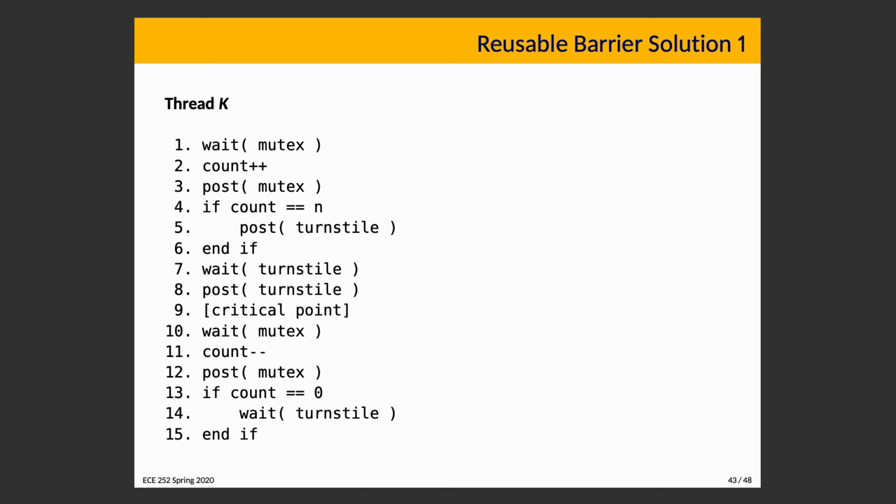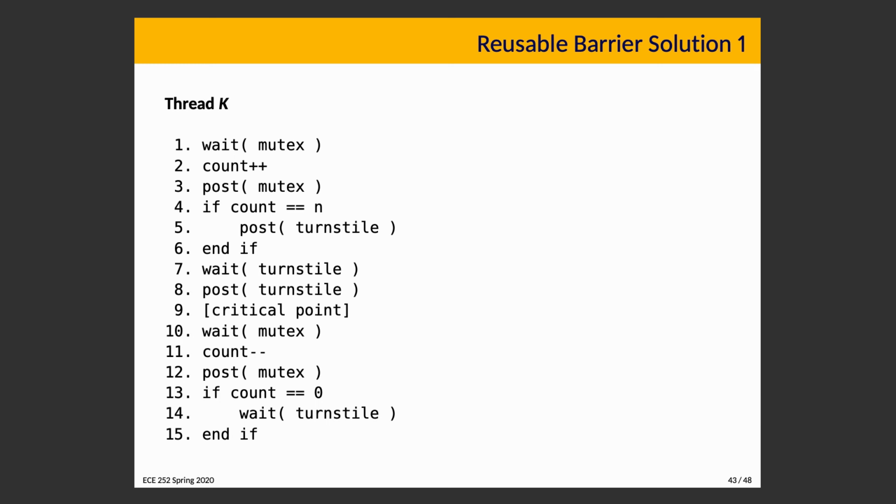So in the restaurant analogy, the first part is that everybody arrives at the restaurant, and then the critical point is people sit down at the table and eat, and then afterwards people leave. And so again, there's wait on mutex, decrement count, post on mutex. If count is equal to 0, then wait on the turnstile, which locks the turnstile behind us and puts it back into its initial state.